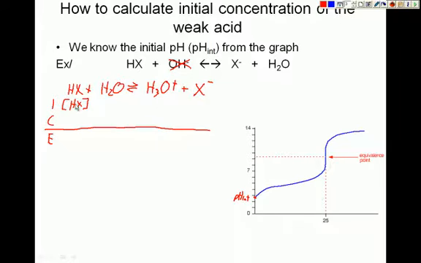Before it ionizes, the concentration of H3O plus is 0, and X minus is also 0.